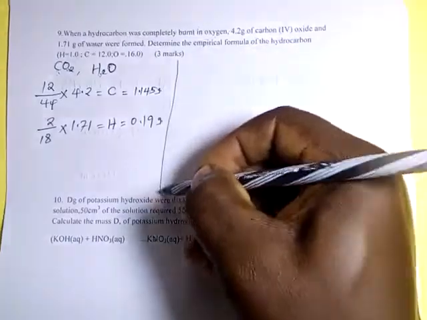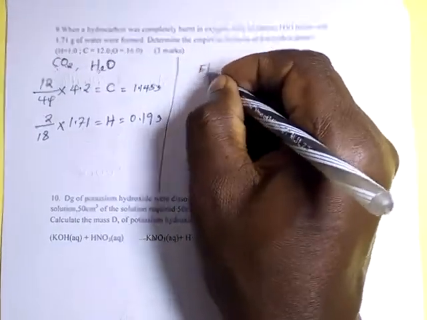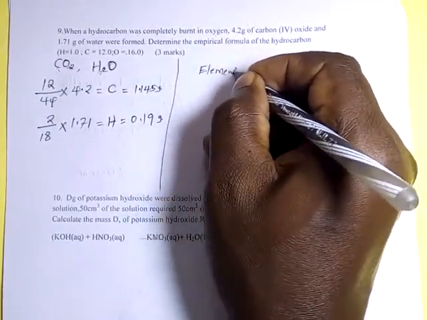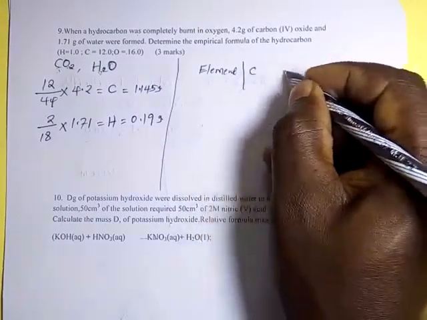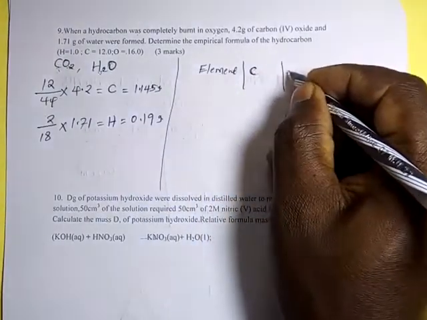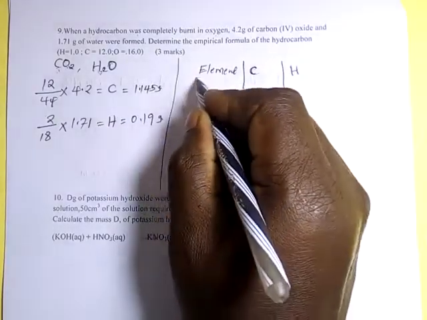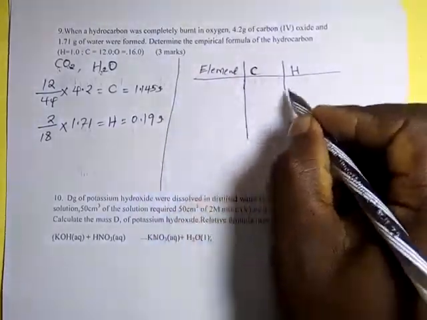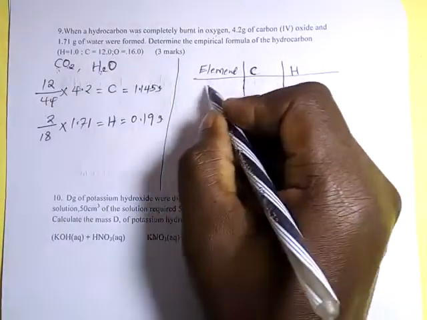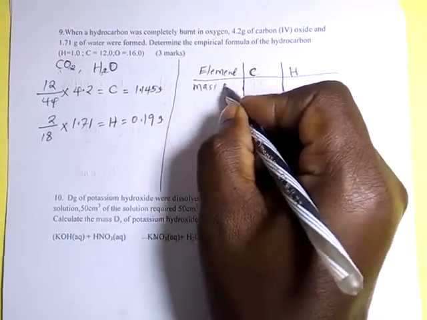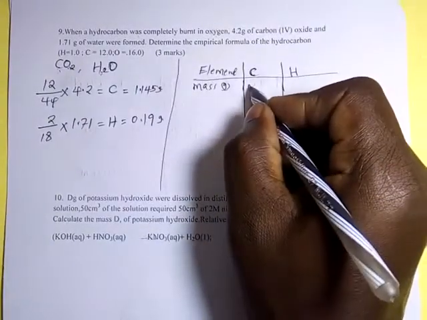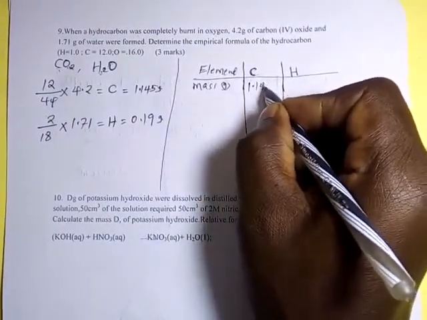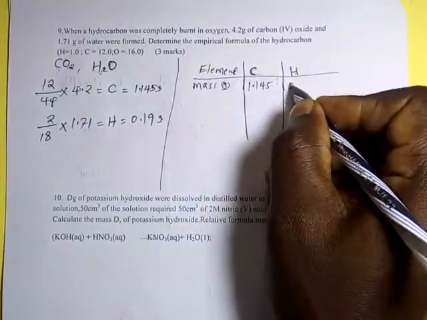Now we go back to the table. The elements are carbon and hydrogen. Mass in grams: carbon is 1.145, hydrogen is 0.19.